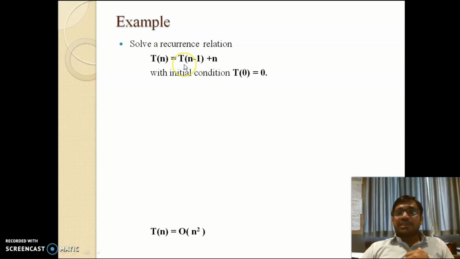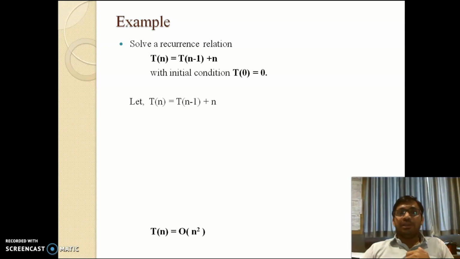So as we discussed, as per the forward substitution method, we have to use the initial condition to generate our next term. So use our initial condition T of 0 is equal to 0. So let us start how to solve a recurrence equation by using the forward substitution method. Now this is our first term, that is the initial term T of n is equal to T of n minus 1 plus n.